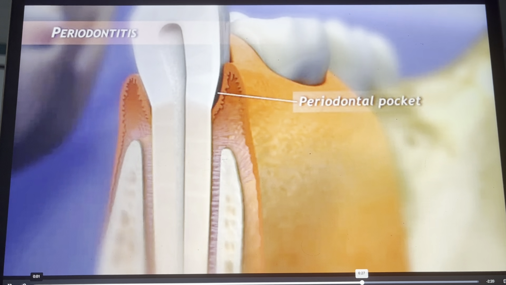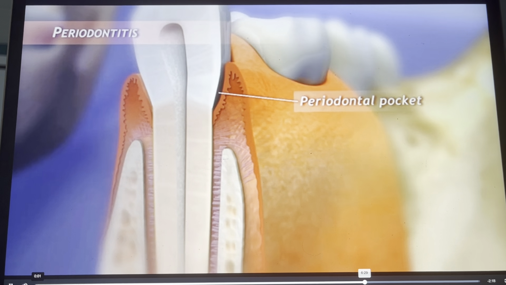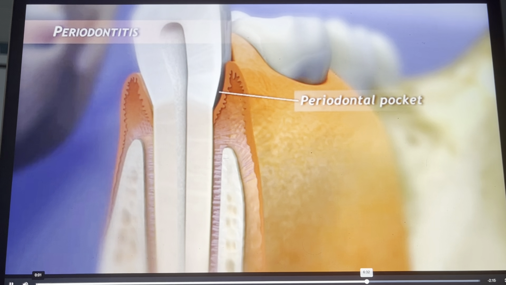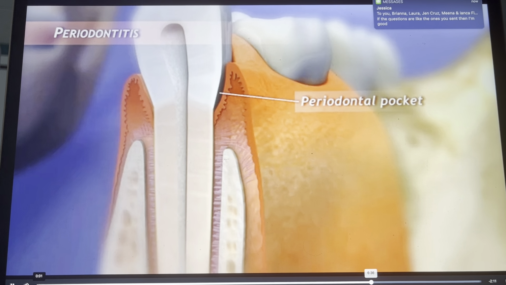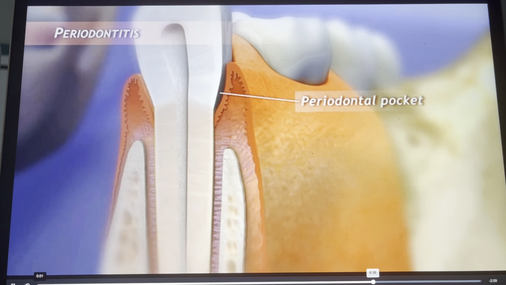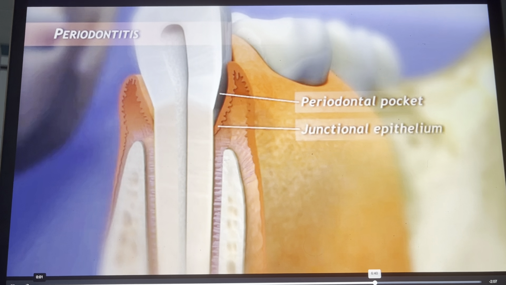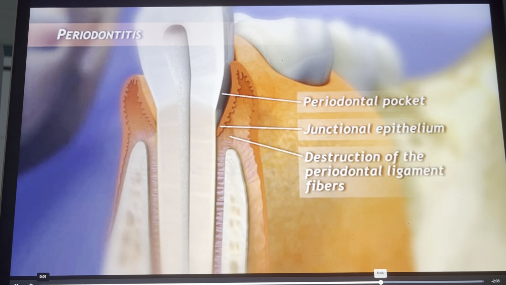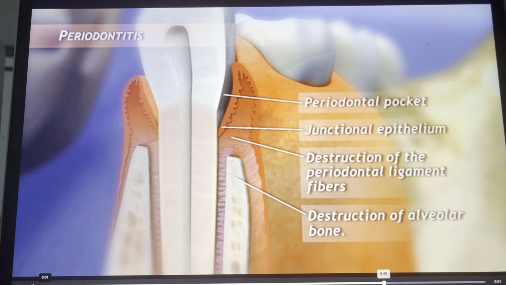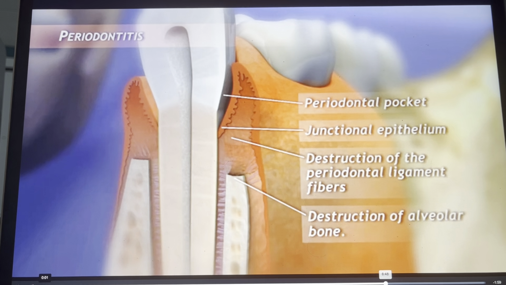A periodontal pocket forms as the result of a pathologic deepening of the gingival sulcus. Pocket formation occurs as the result of the apical migration of the junctional epithelium, destruction of the periodontal ligament fibers, and destruction of alveolar bone.